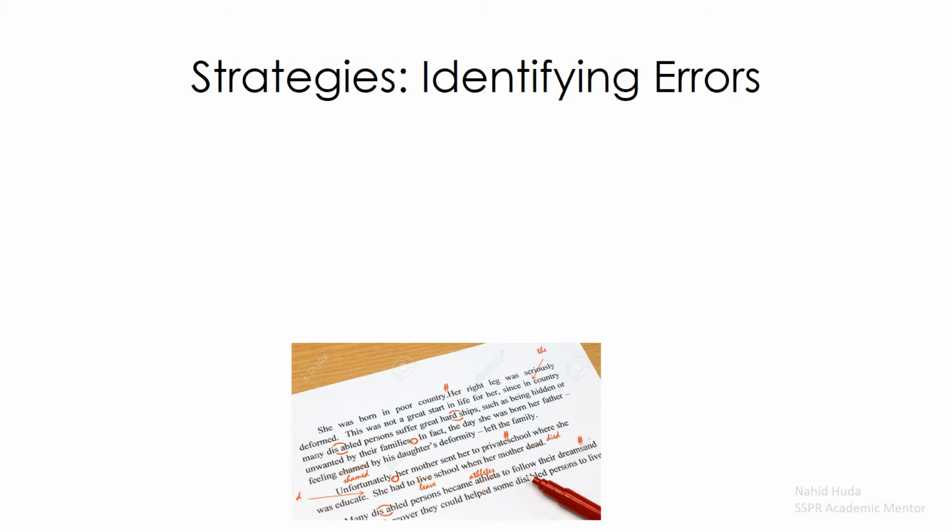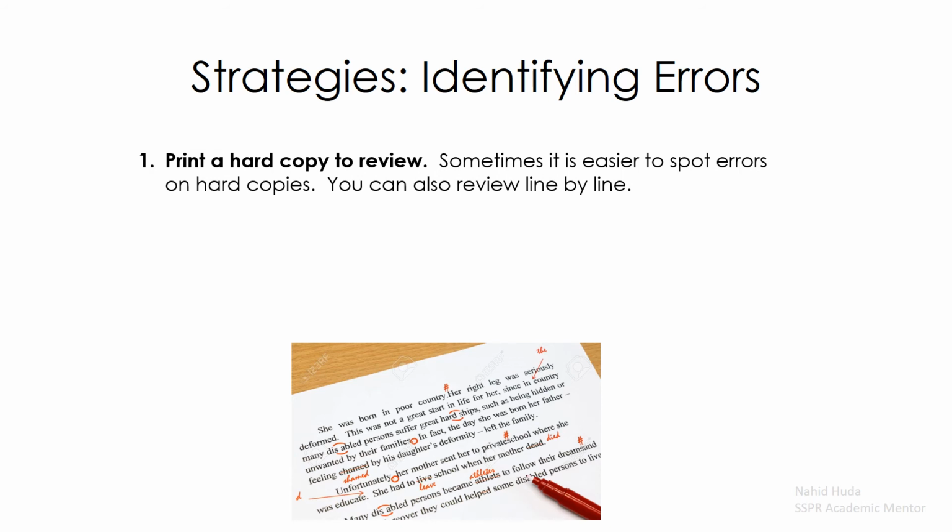When you spend a lot of time writing, it's very hard to see any errors in your work. It becomes a very personal endeavor. So you need some time to spend away from the work before you revisit it. Another way is to print a hard copy to review.